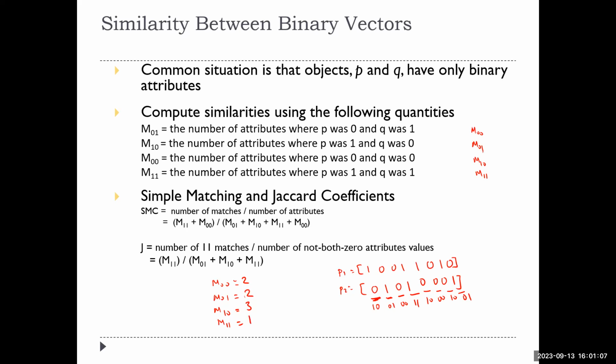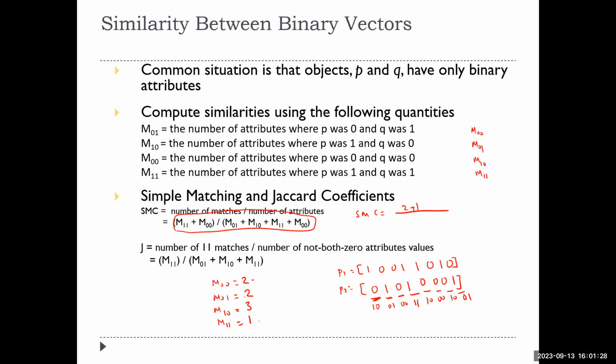Once I get this, this is the simple matching coefficient formula, SMC. Let's compute it. In the numerator, I have the matching ones, M00 and M11. M00 is 2, M11 is 1, so 2 plus 1.